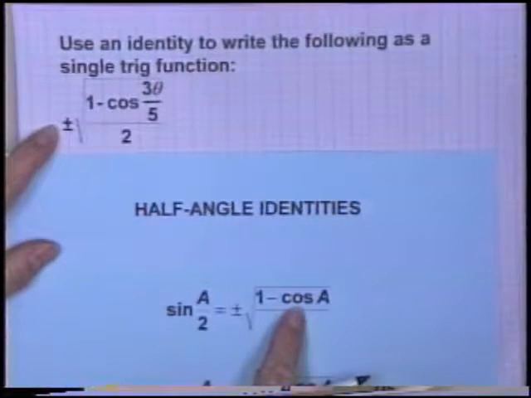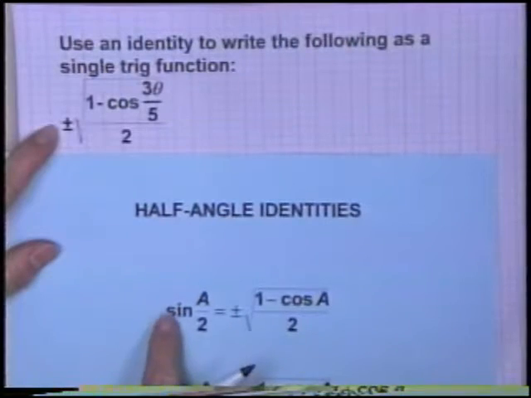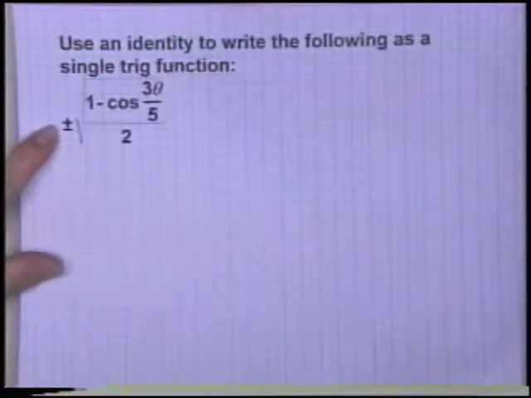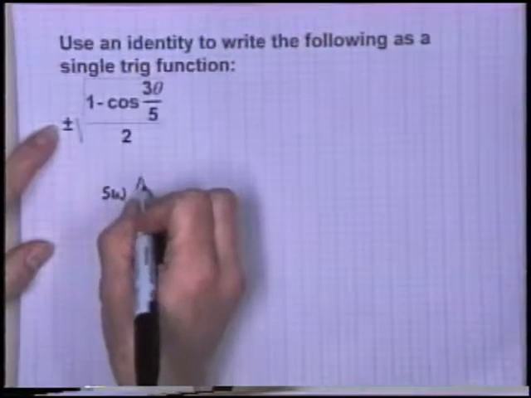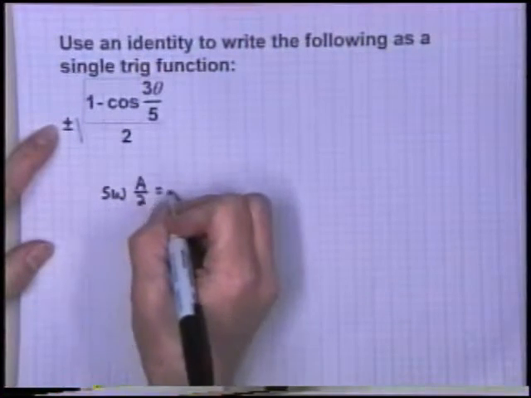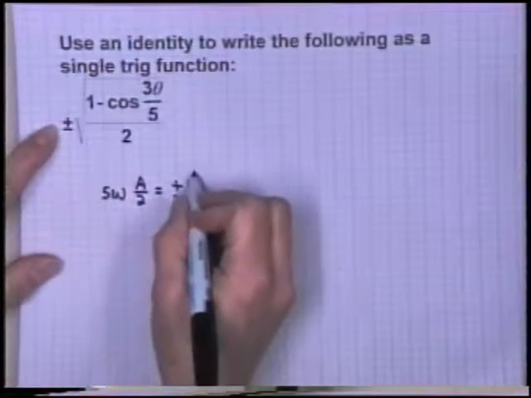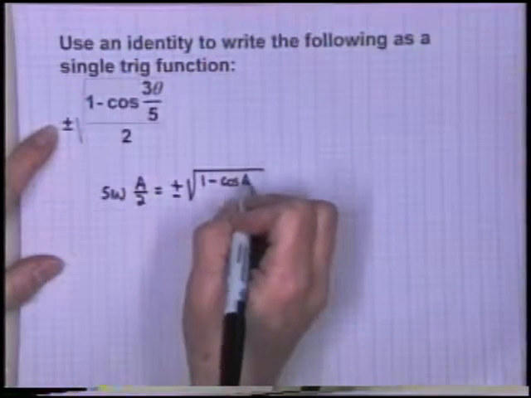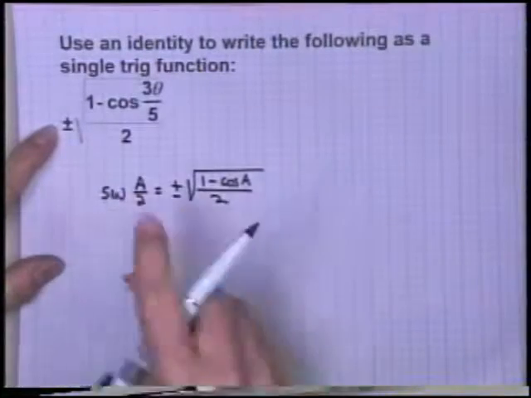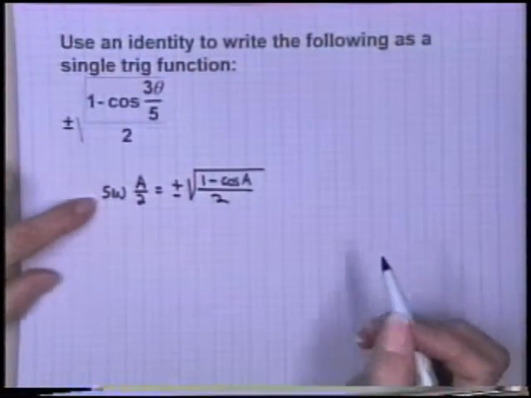Notice your 1 subtract cosine and you have all that over 2. So that's the identity for sine A over 2. Again, I'm going to write that for you. The sine of A over 2 is plus or minus the square root of 1 minus the cosine of A, all divided by 2. Sine is minus.